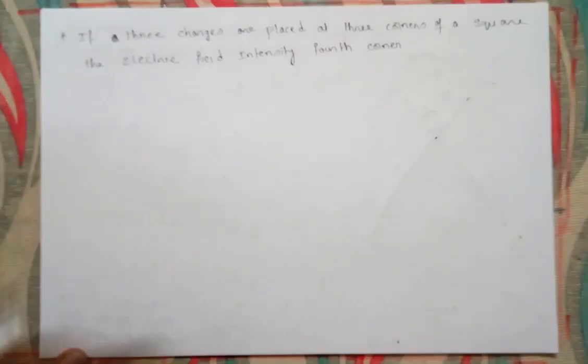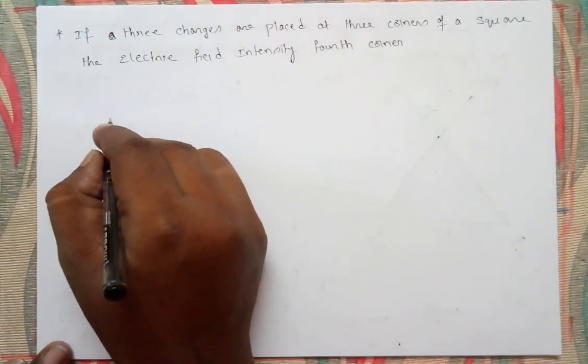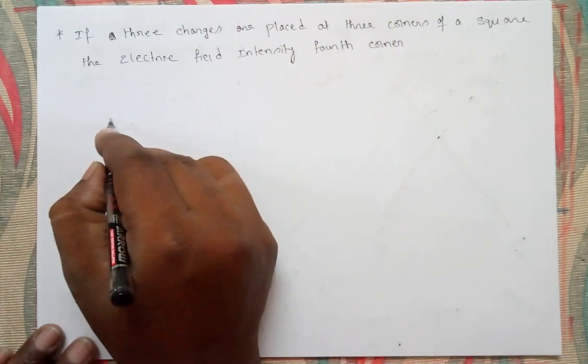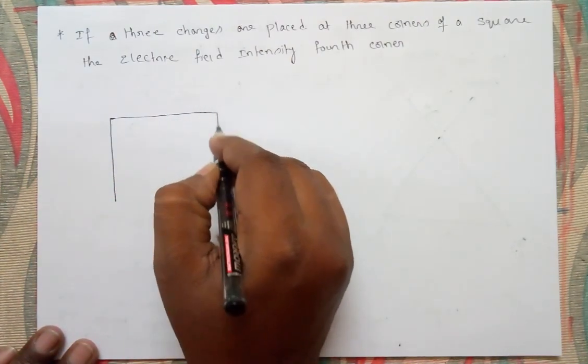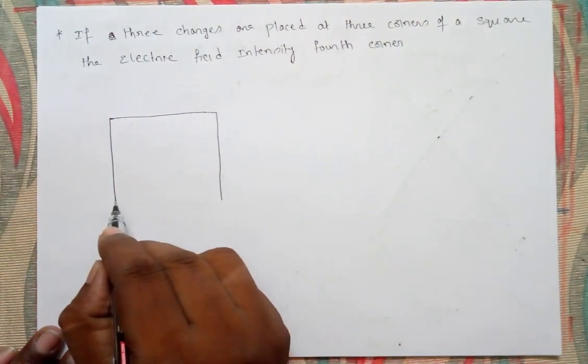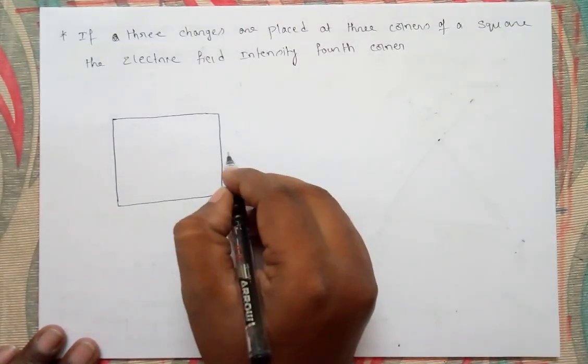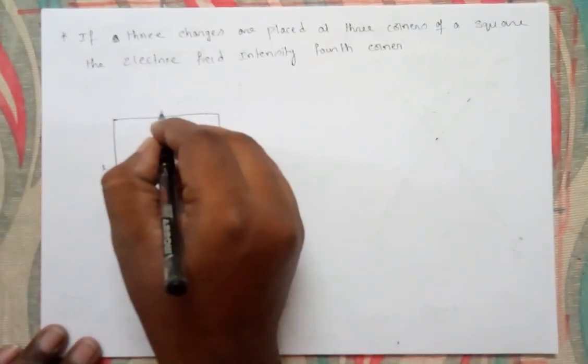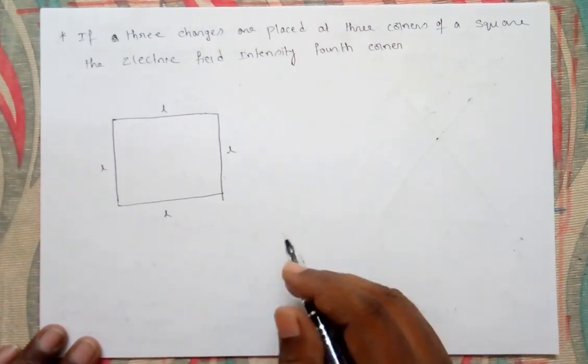Now let us take a square like this, whose side length is L or a, you can take it.